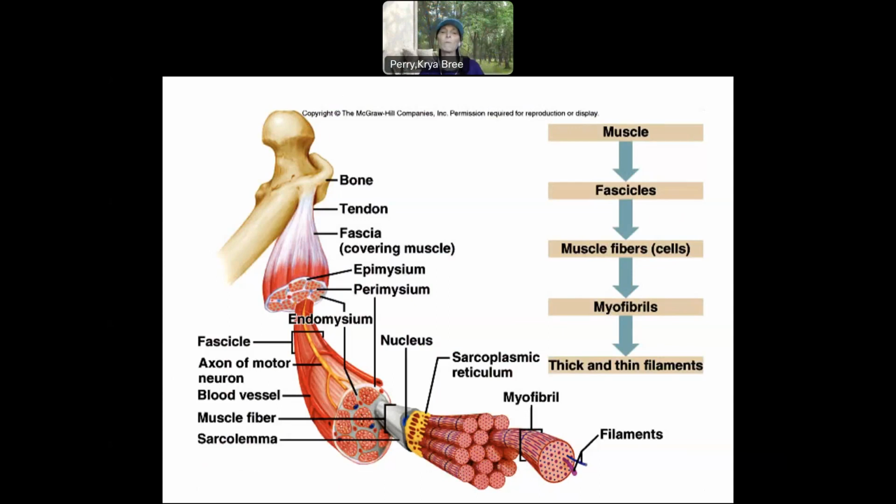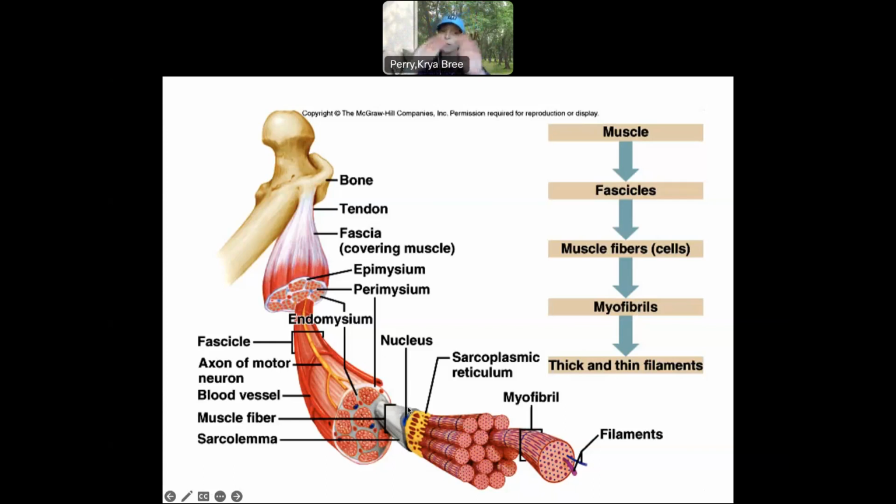Now here is where it gets a little bit tricky. For the muscle tissues, we want you to know some certain features. For example, this plasma membrane surrounding the group of myofibrils is called the sarcolemma.